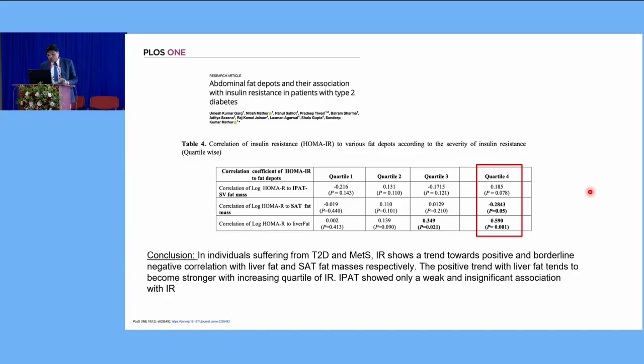And in the highest quartile, there was a negative trend with subcutaneous fat. So this indicates that abdominal compartment fat volume, including liver, intraperitoneal vital organs and subcutaneous, depends on the severity of insulin resistance. In the highest quartile, liver fat shows very strong correlation, and for subcutaneous there is a trend for negative correlation. So this is fat redistribution, and its relationship depends on the severity of insulin resistance. And this is of course cross-sectional data.